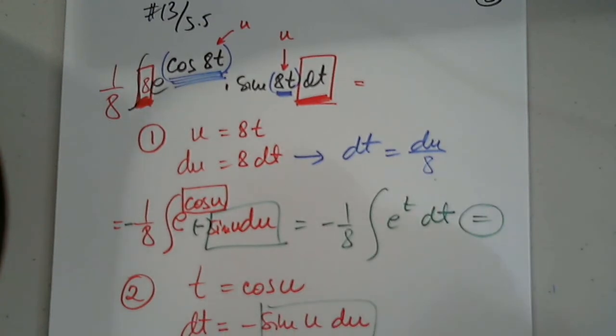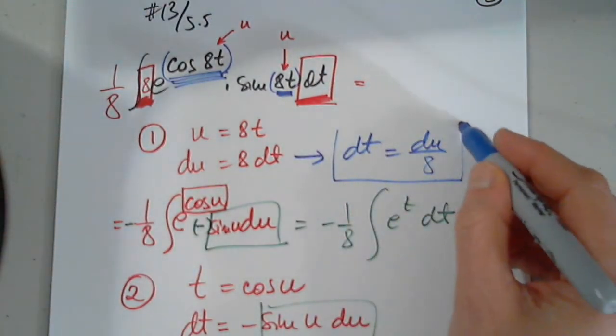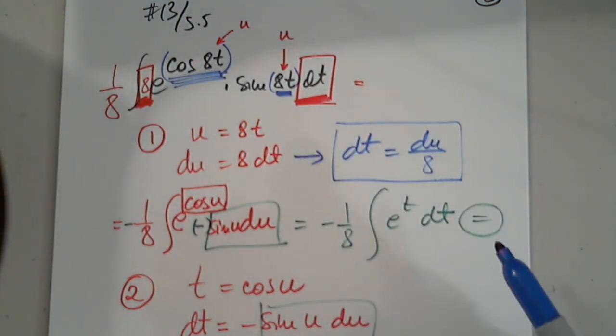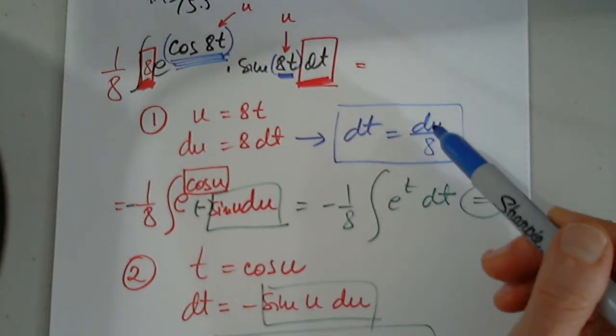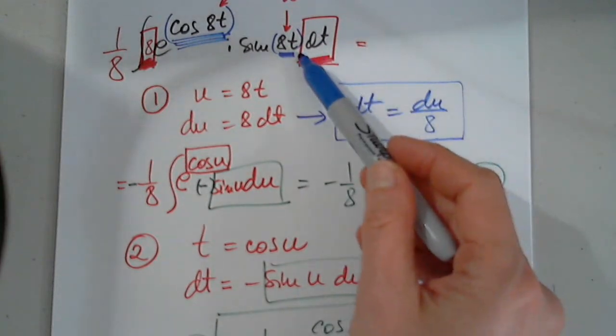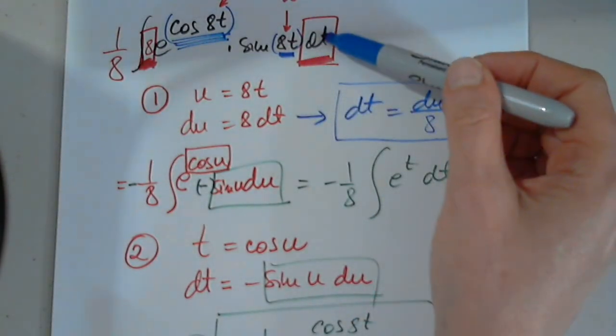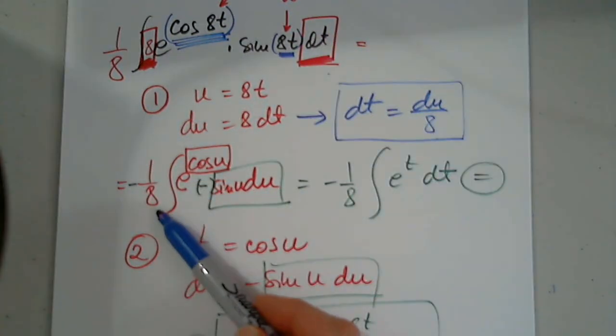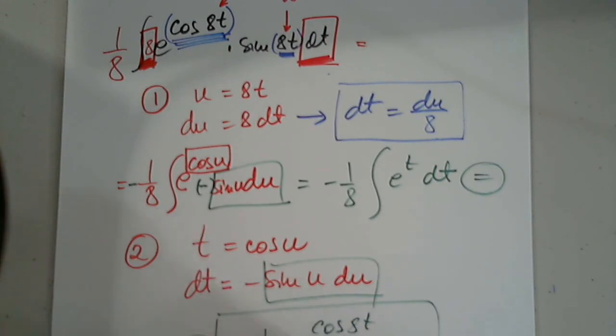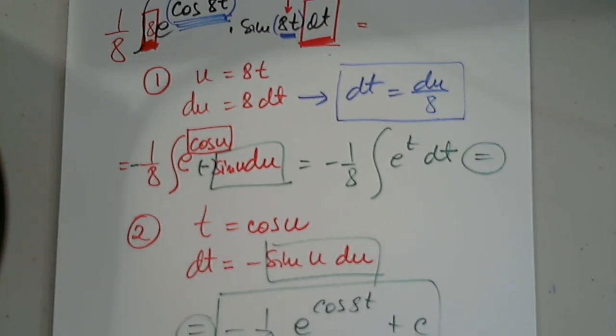It's really the same thing. So I think this is a shortcut, but if you prefer to solve for dt, just replace it. You will have du over 8, and then you put 8 in front anyway. Is that better? This helps, thank you.